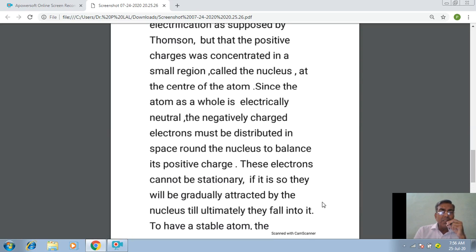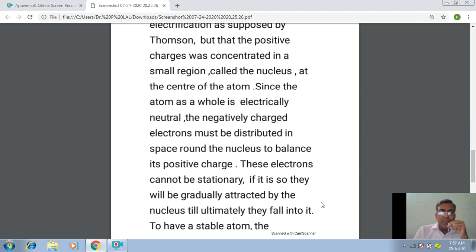Since the atom as a whole is electrically neutral, it was assumed that negatively charged electrons must be distributed in space around the nucleus to balance its positive charge, and that due to this the scattering of alpha particles is possible.